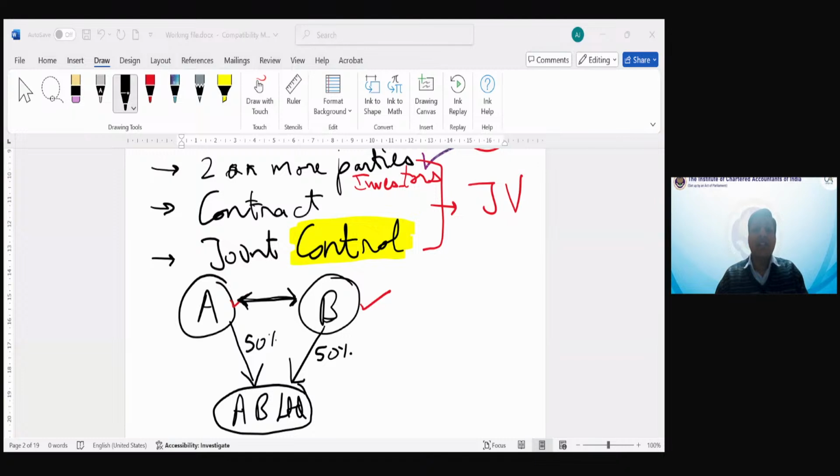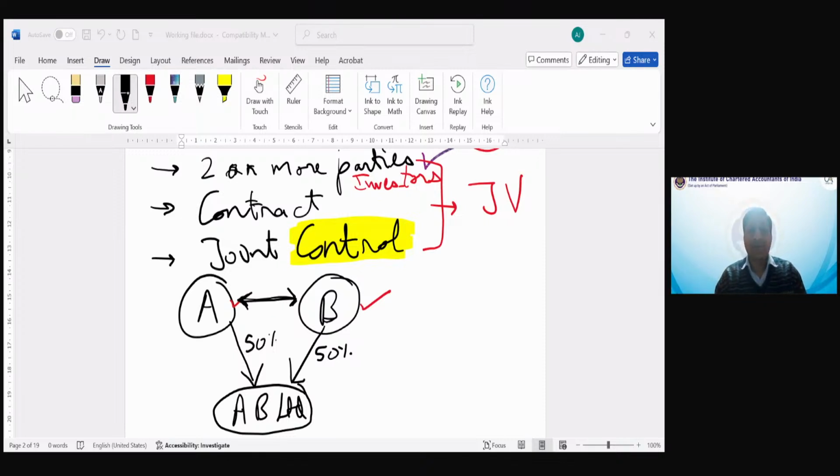Unilateral control means in that case, only A Limited was exercising control over AB, or only B Limited was exercising control over AB Limited. Means there was one person who was having the final say in the decision making, or one investor who was having final say in the decision making.